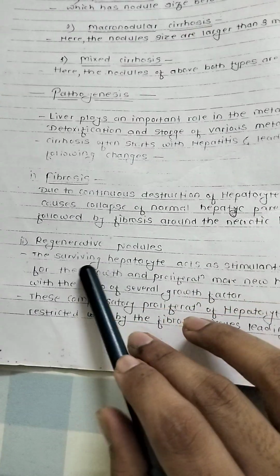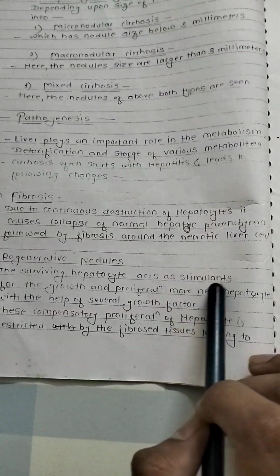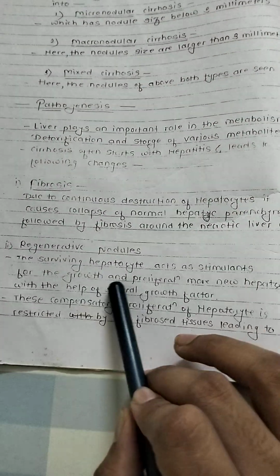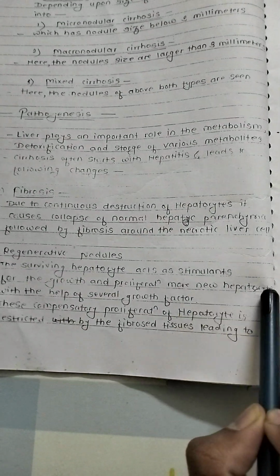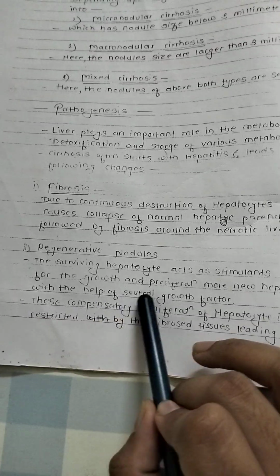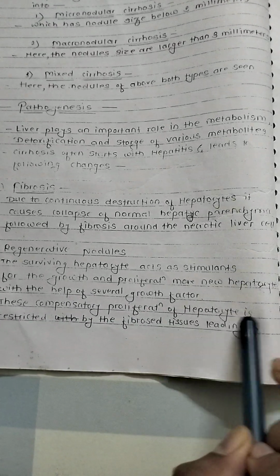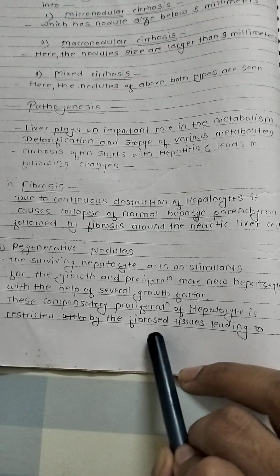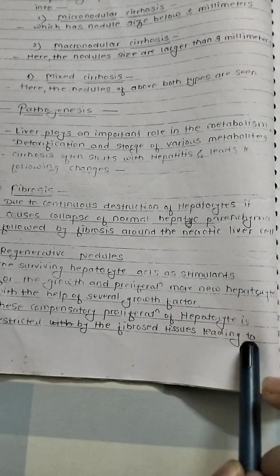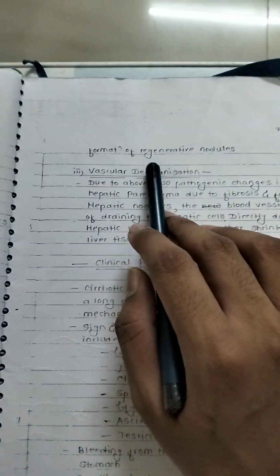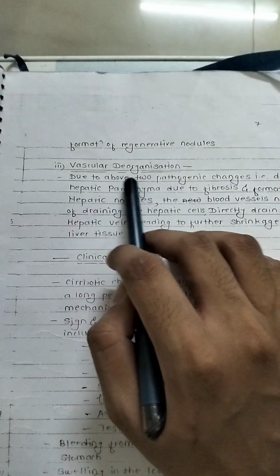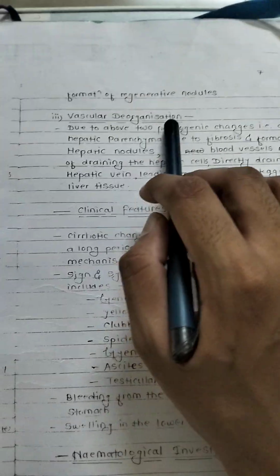Regenerative nodule. The surviving hepatocytes act as a stimulant for the growth and proliferation of more new hepatocytes. With the help of several growth factors, this compensatory proliferation of hepatocytes is restricted by the fibrous tissue, leading to formation of regenerative nodules and disorganization.